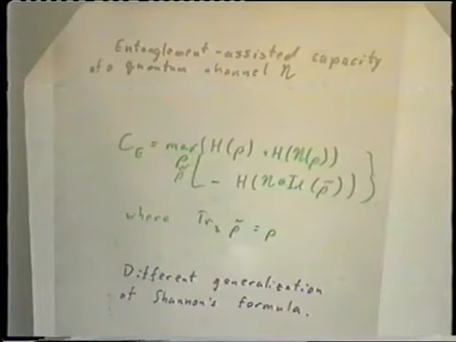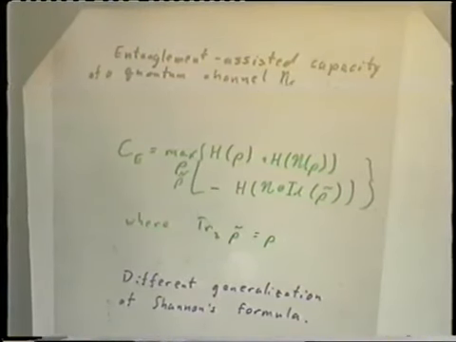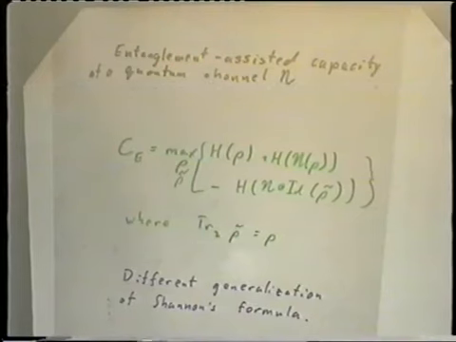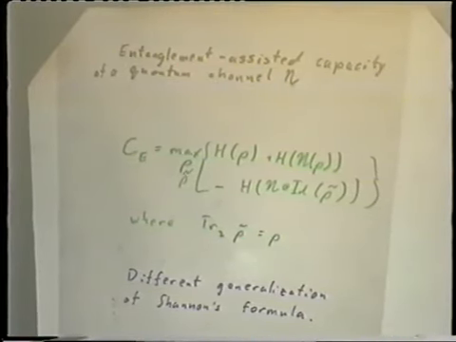And the answer is a different formula, which is also a generalization of Shannon's formula, which is the maximum over a density matrix rho and a density matrix rho tilde, where rho tilde is on a larger space, and when you trace out the extra dimensions, you get rho, of the entropy of the input plus the entropy of the output minus the entropy of the joint system.